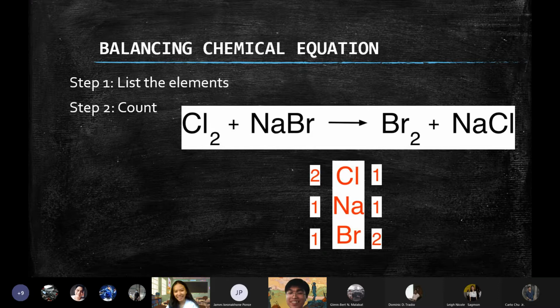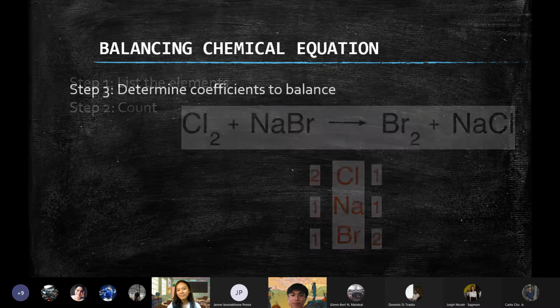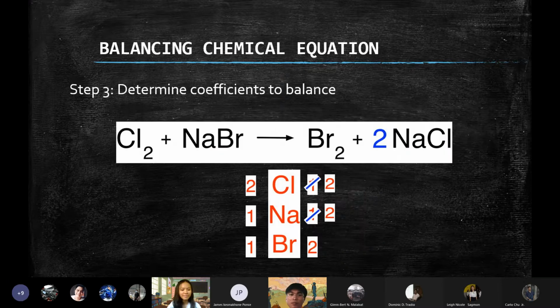So, we will be putting the number of atoms of an element on the right side of the list, specifically for the product of the chemical equation. Now, the next step is to determine the coefficients in order to try and balance the chemical equation.